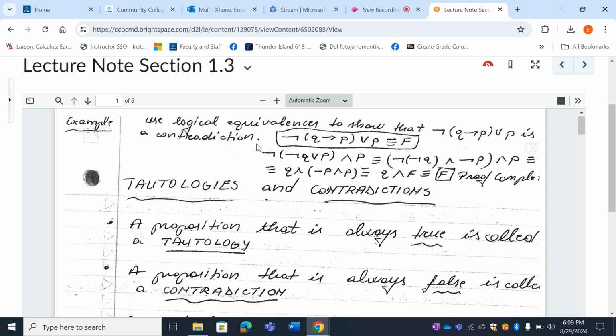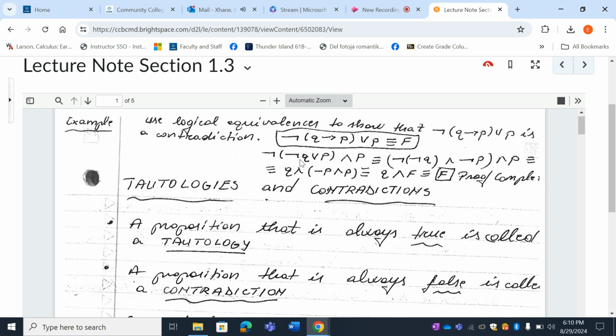As a matter of fact, when I went through the proof, in order for this to be a contradiction, this has to be an and, not an or. If you use an or, this is indeed a tautology, it's not a contradiction. But let's stick with an and. So this particular operator must be an and, not an or.